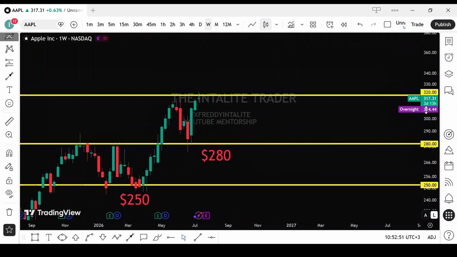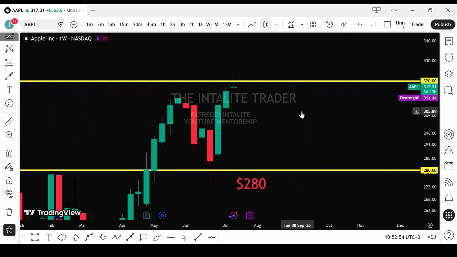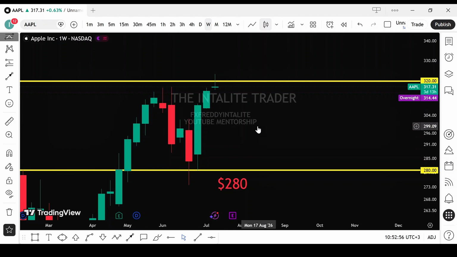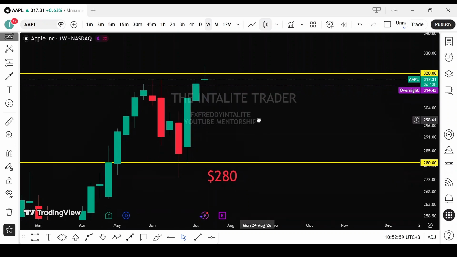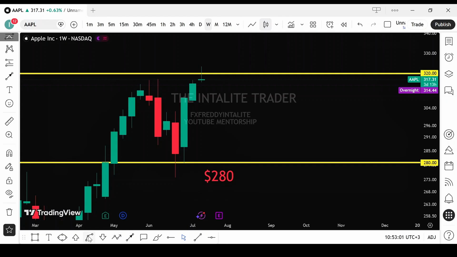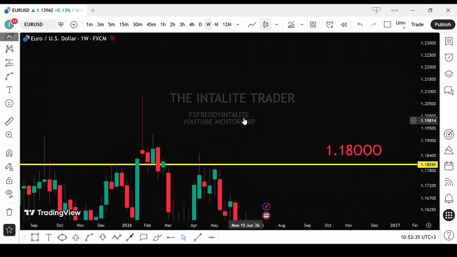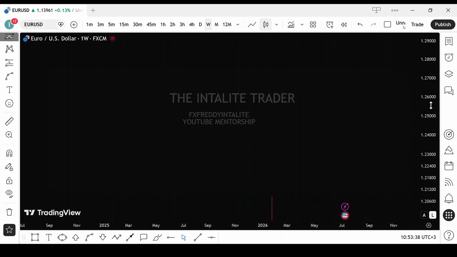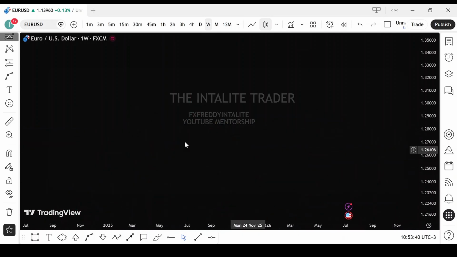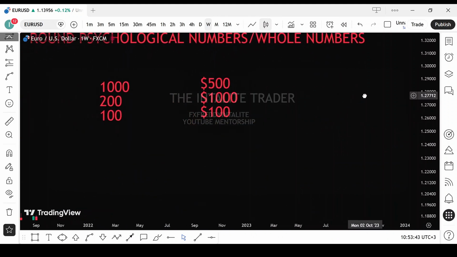So you look for price action taking place at these round whole numbers. And I can tell you, one of these days, you will see Apple stocks pausing here because we are at a round whole number. You will see when traders are closing and opening positions. These are the major psychological whole numbers we look for in trading.